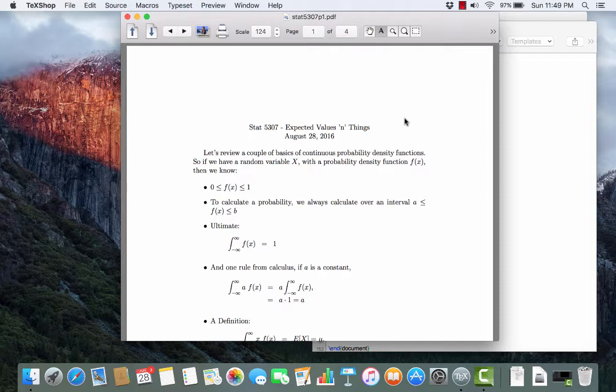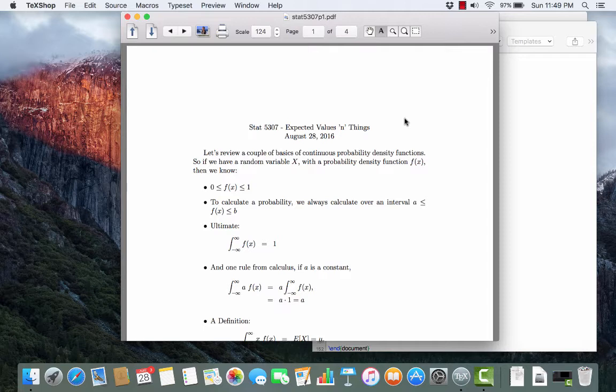Okay, so let's take a look at continuous probability density functions. We're going to look at continuous random variables. So I'm going to have a random variable x, and it has some probability density function f of x. Then I know that for any particular value, f of x is always between 0 and 1, and it can take on the endpoint values 0 and 1.